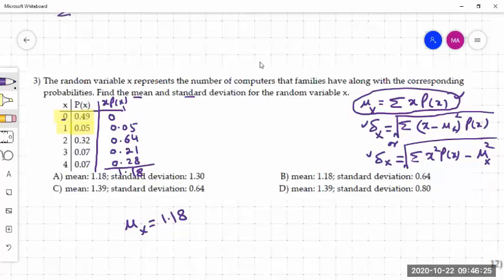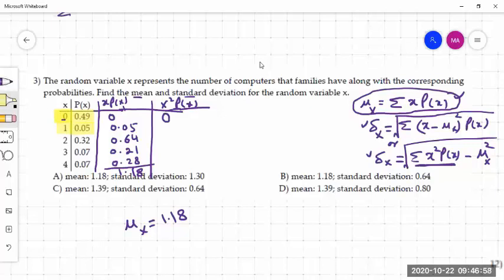Then for the next one, I can use either equation, but I prefer the second one because I just have to compute x squared P(x). So let me make one more column for x squared P(x). For x equal to 0, 0 squared is 0, and 0 times 0.49 is 0.